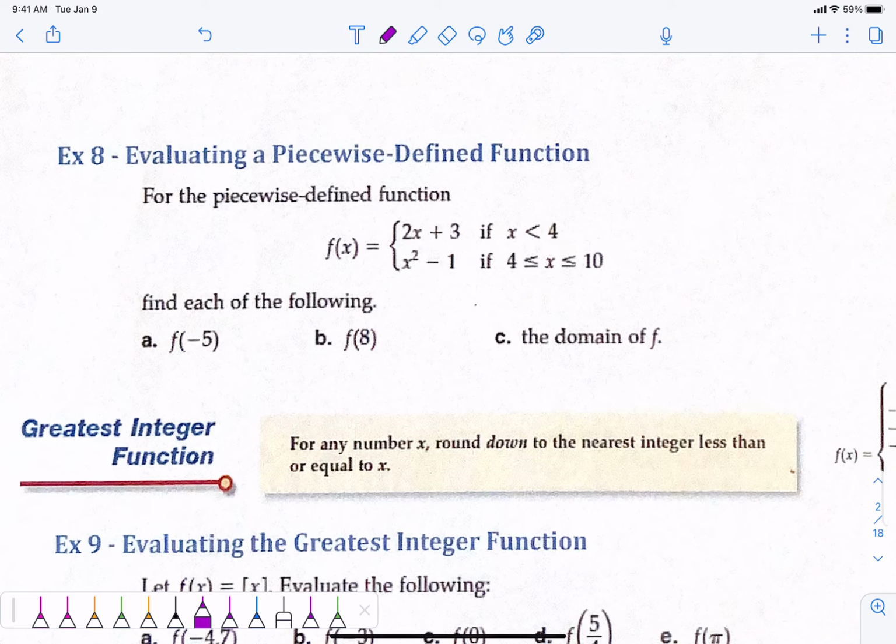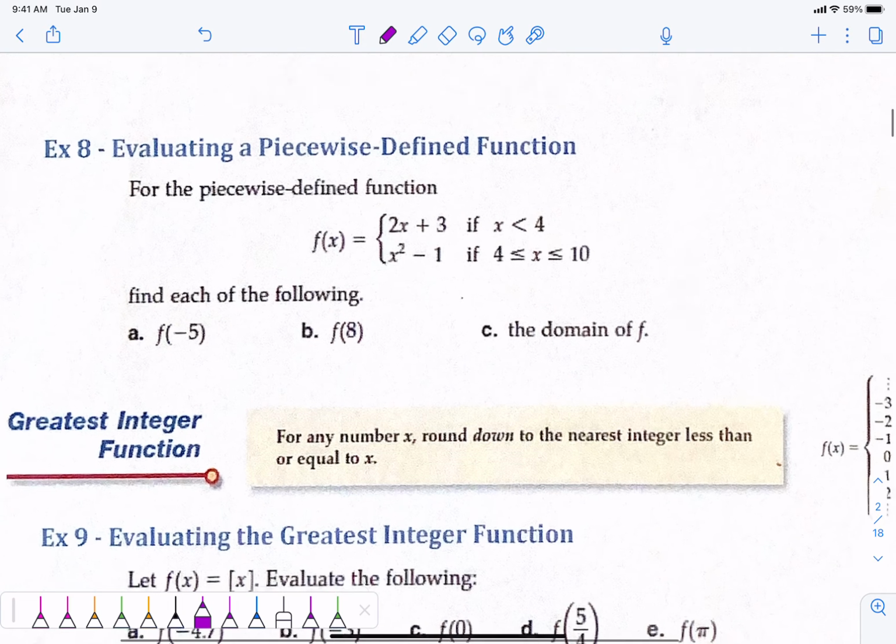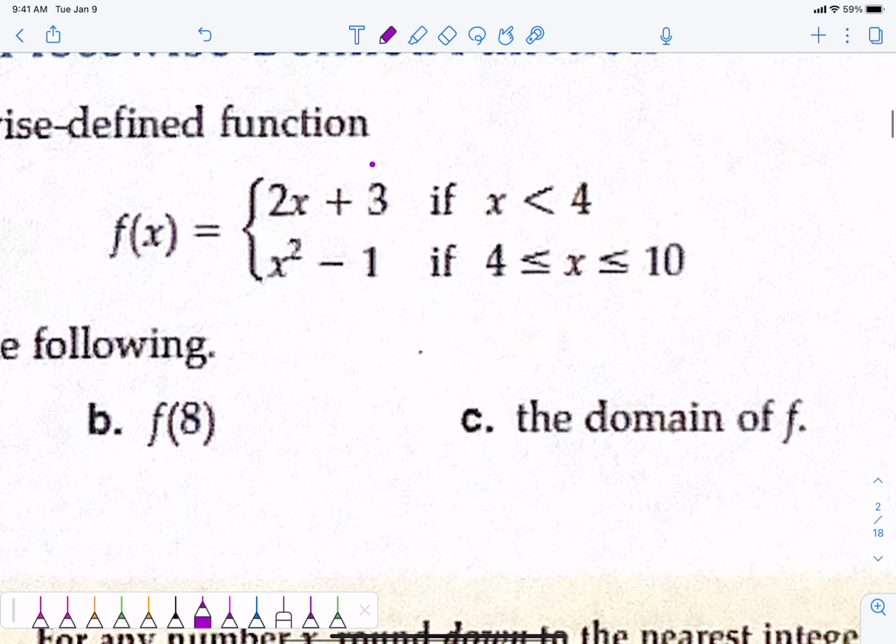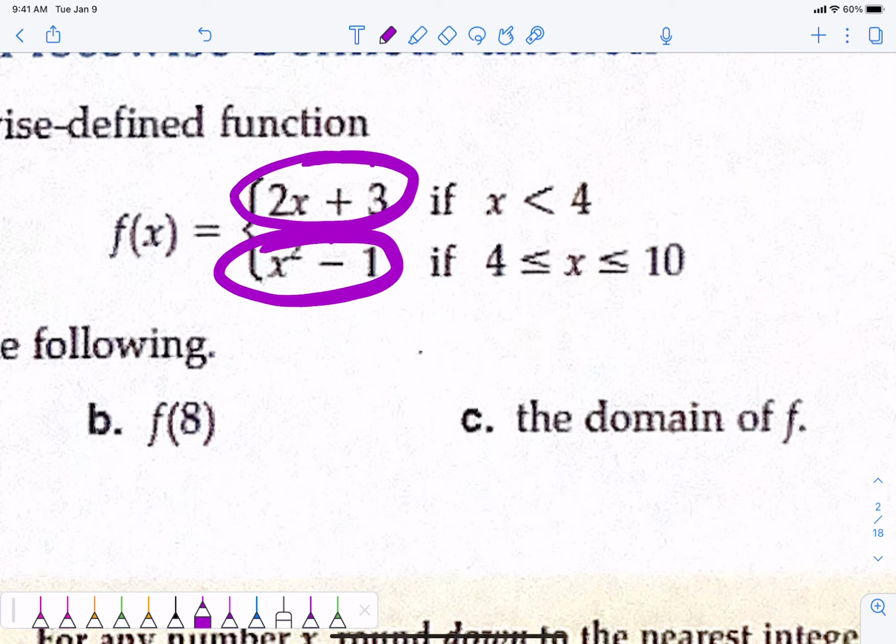Piecewise functions are when you have two functions that are fighting with each other. Kind of. So this function and this function are trying to occur at the same time. Piecewise functions are not hard. This thing is the domain. It tells you when you use each one of the functions.